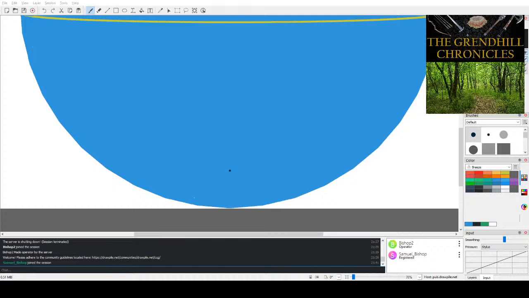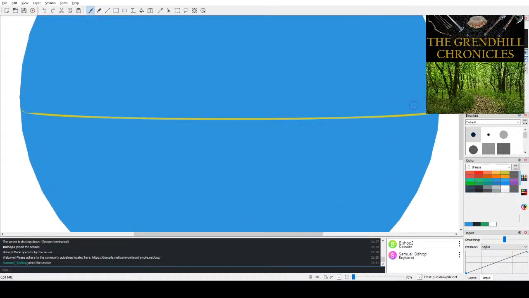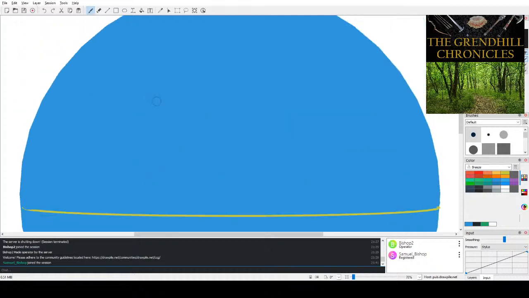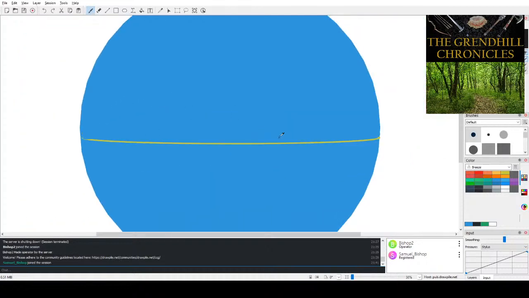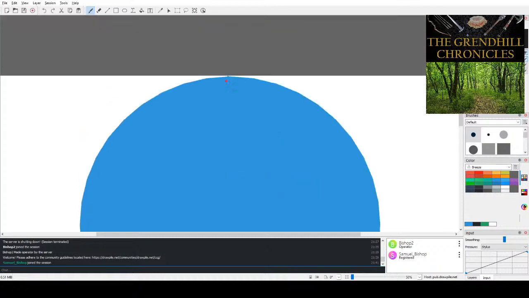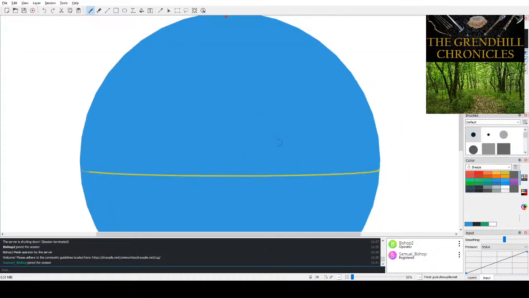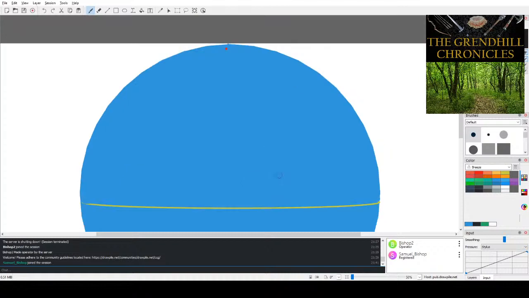I'm just trying to think. If its pole is always headed at the planet, what would its weather be like? Yeah, I don't know. So, are we going to say that, let me draw a little mark up here, that red mark is where it's always facing the planet, and it spins at its equator?